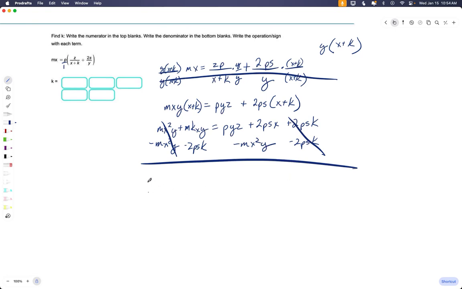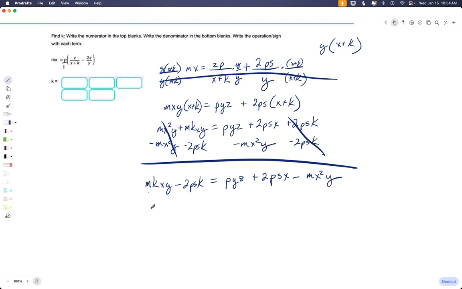So I have mkxy minus 2psk is equal to pyz plus 2psx minus mx squared y.